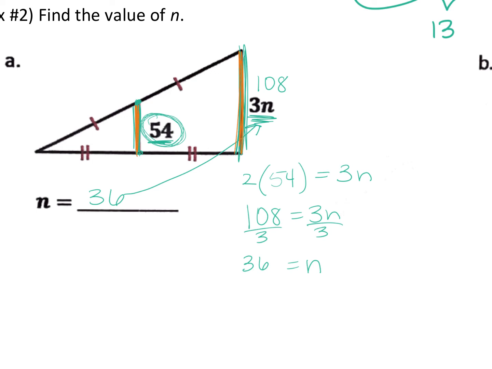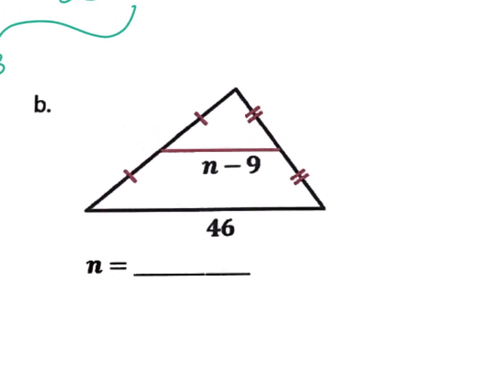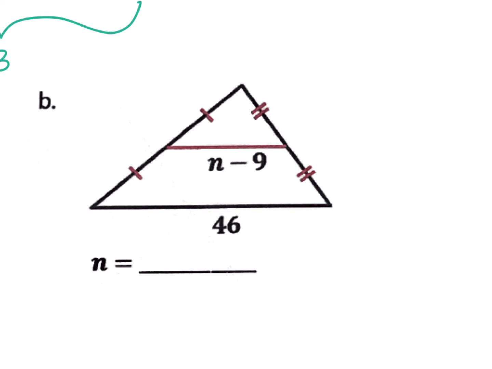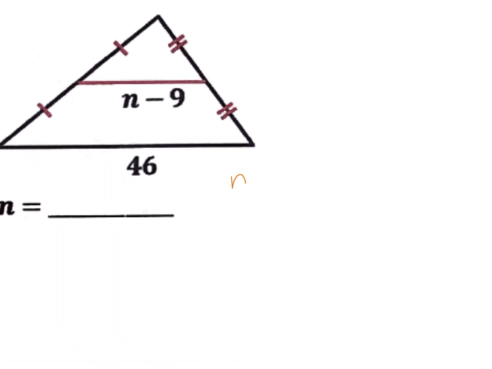Okay? Look at this letter B. What would you double? The n minus 9 or the 46? The n minus 9, okay? What if I wanted to cut something in half instead? The 46. I don't care which one you do. Which one would you prefer? Cut the 46. That's what I would do just because it's less work. So you would say n minus 9 equals half of 46.